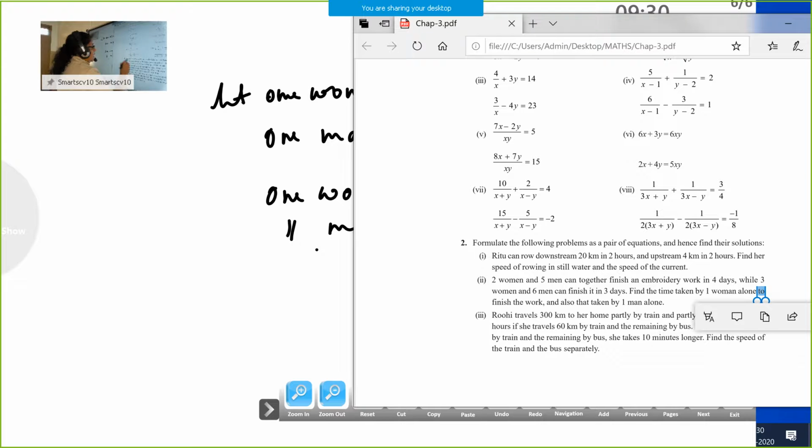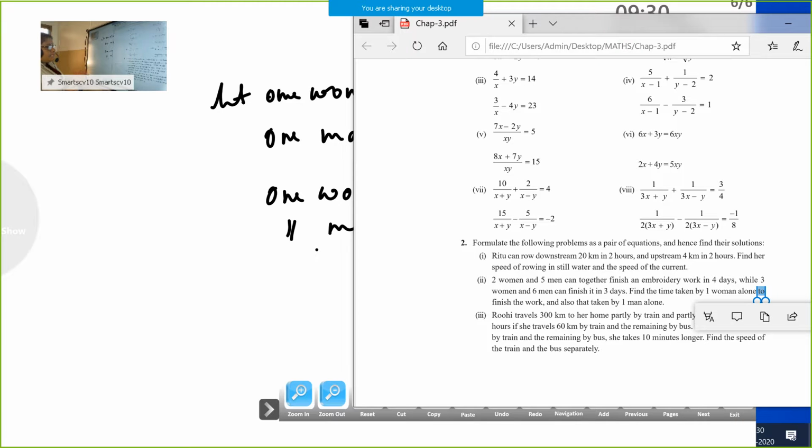According to our question, 2 women and 5 men can together finish the embroidery work in 4 days. One woman's 1 day work is 1 by x, so 2 women's 1 day work is 2 by x. Clear?